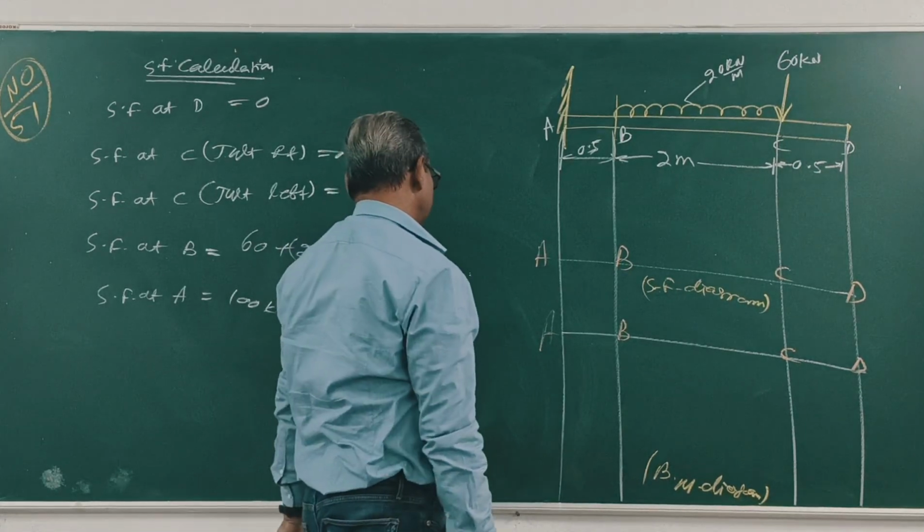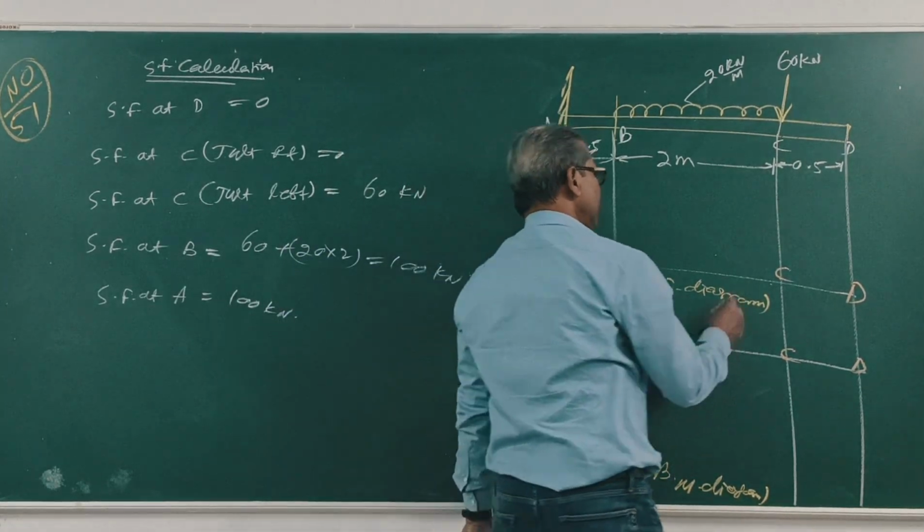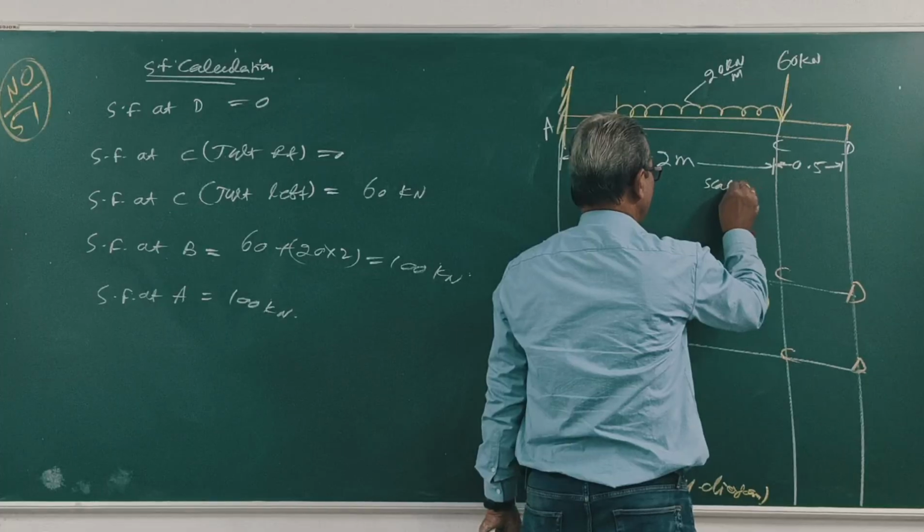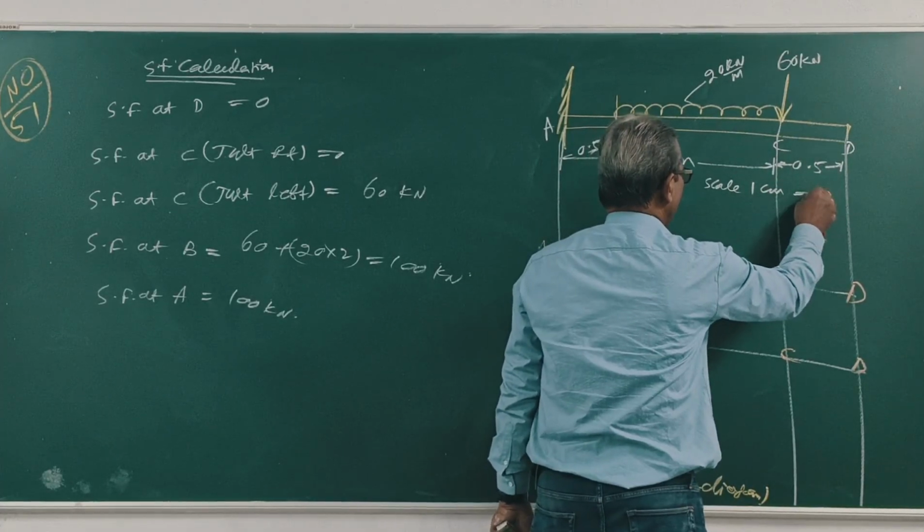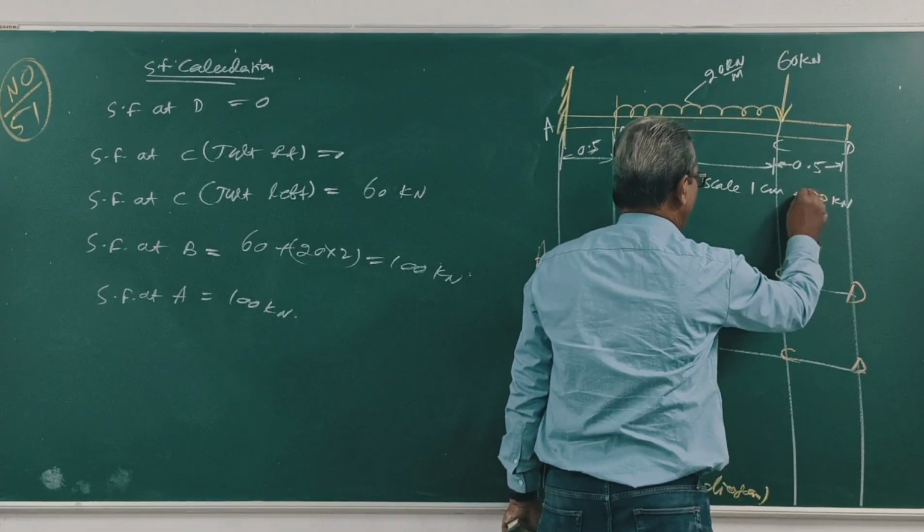Now draw the shear force diagram. Take scale, 1 cm is equal to 50 kilonewton.